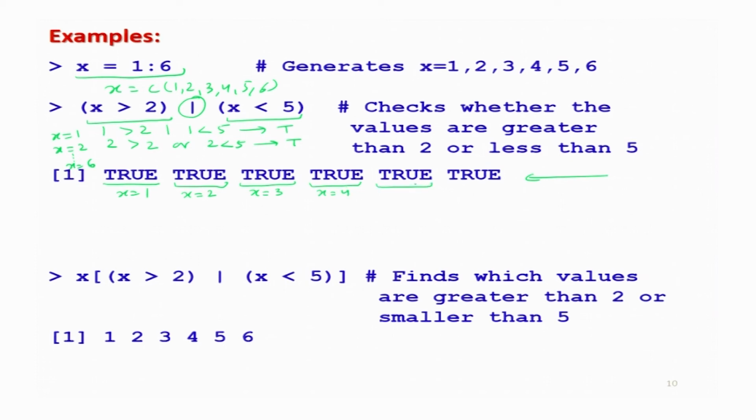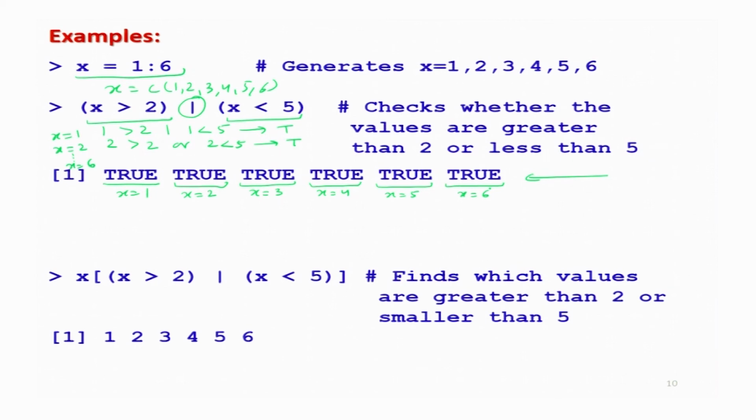The fifth value indicates the outcome for x equal to 5, the fifth value in the data vector, and finally this last true indicates the value for x equal to 6. So, this true is the answer when x equal to 6, right. This is how it will actually work.